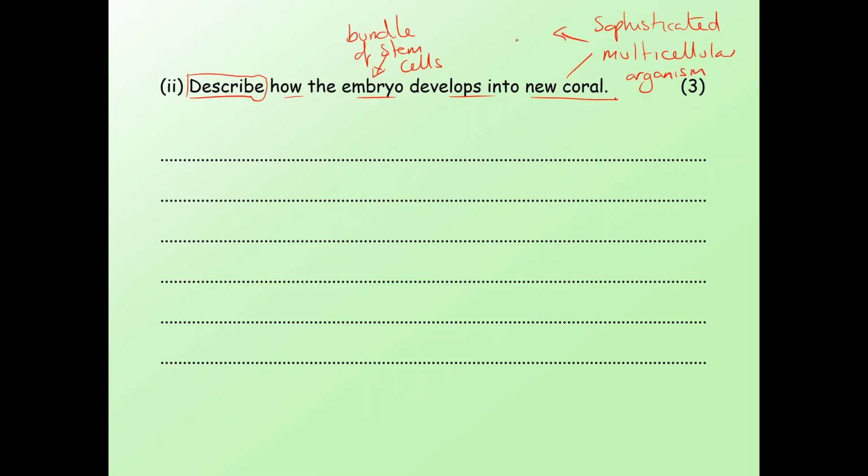It's an animal. Told us on the previous question, didn't it? So how are we going to get from a bundle of cells into a sophisticated multicellular organism?